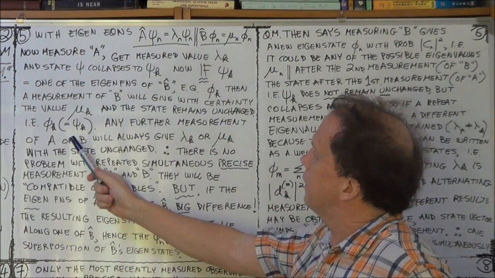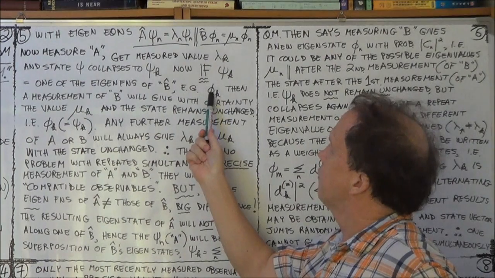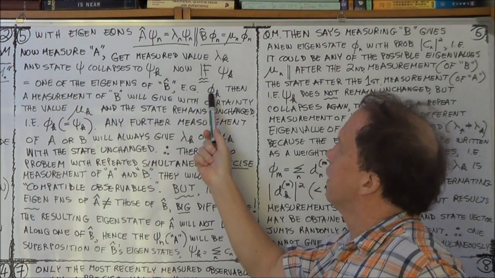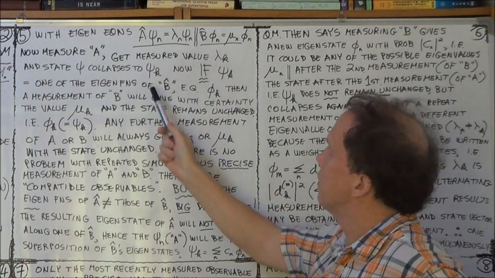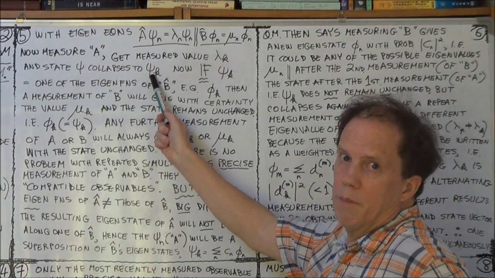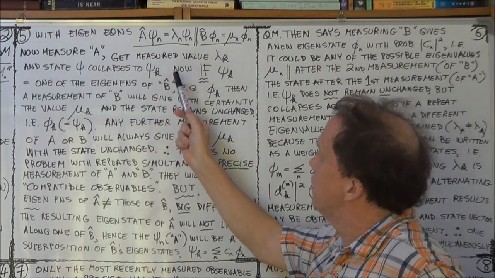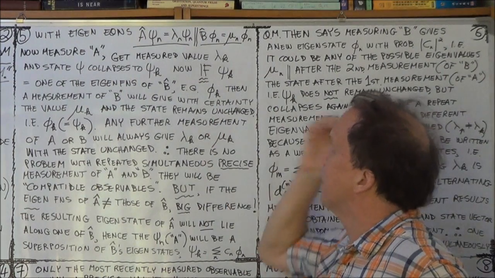All right. So your eigenfunction here, this is what you get. See, these two are the same. We're assuming that. This is the big if. That's what you get after measurement A. But we're assuming this is equal to one of these eigenfunctions, let's say phi k.